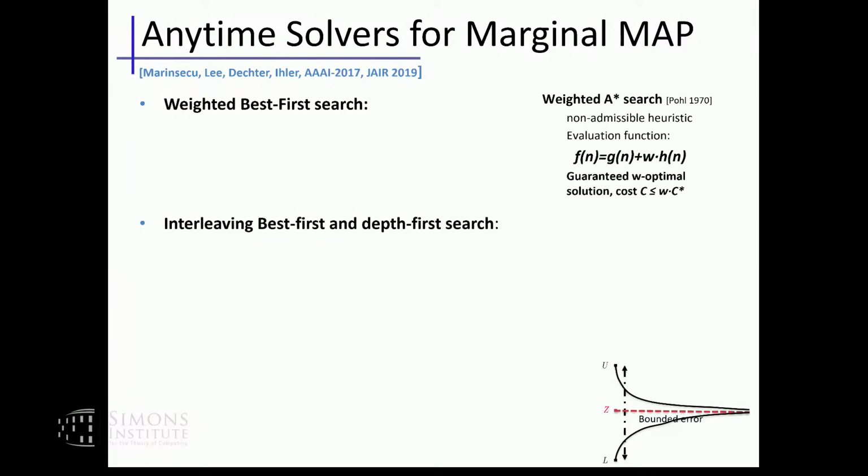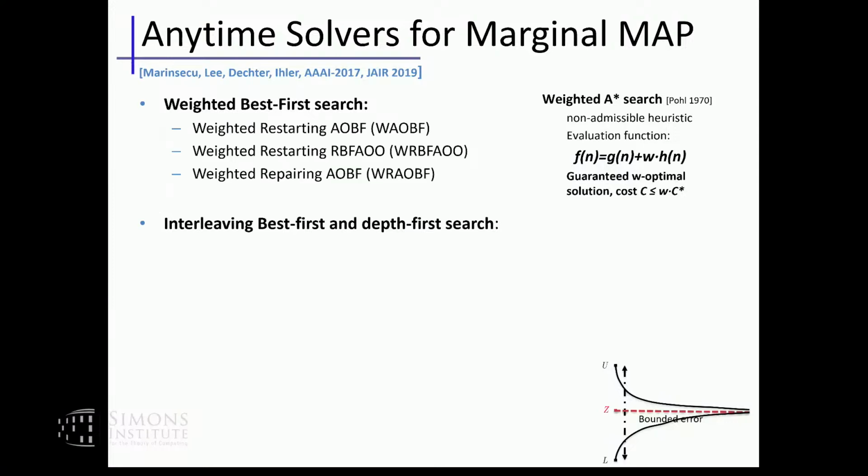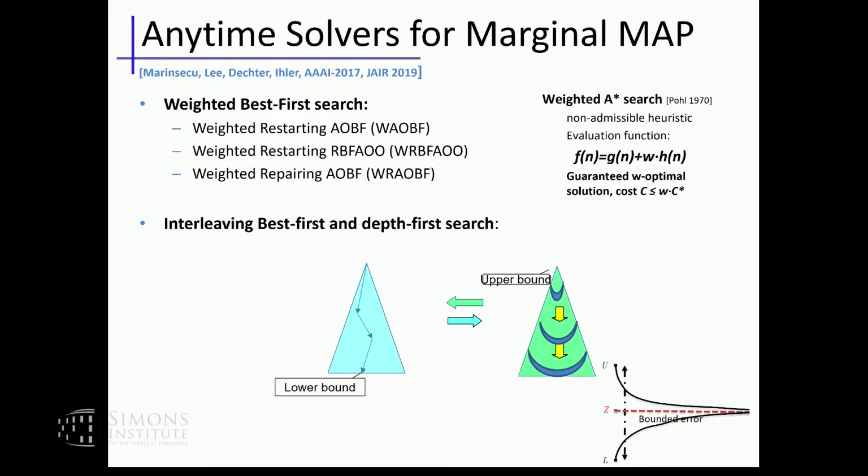One of the ideas from heuristic search is to use a weighted heuristic, which in this case will provide you a priori with the upper bound. We use ideas such as restarts, recursive search, and combinations. We also use ideas of best first and depth first search, interleaving them.